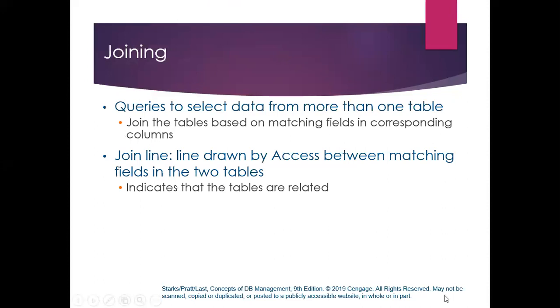When tables are joined, Access will draw a line called a join line between the matching fields in the two tables. A join line indicates that the tables have a relationship or that the tables are related. For additional information on joining tables, please see pages 53 to 56 of the textbook.